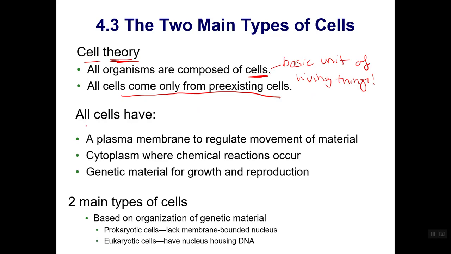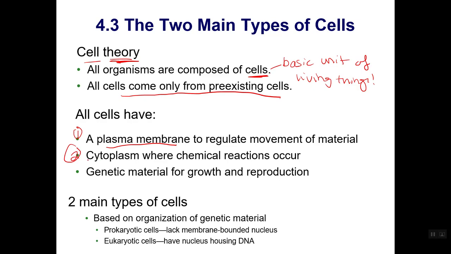All right, so all cells also have these three things. One, a plasma membrane. All cells have that. It doesn't matter if it's a plant cell, an animal cell, a protist cell, or a bacterial cell. All of them have a plasma membrane made up of phospholipids. Number two, they all have cytoplasm.